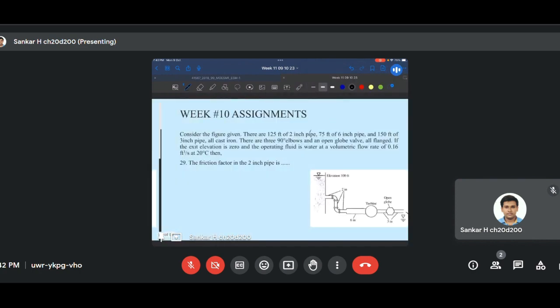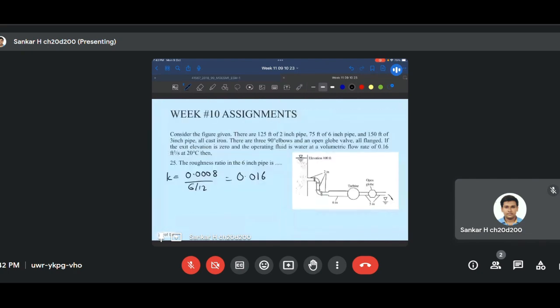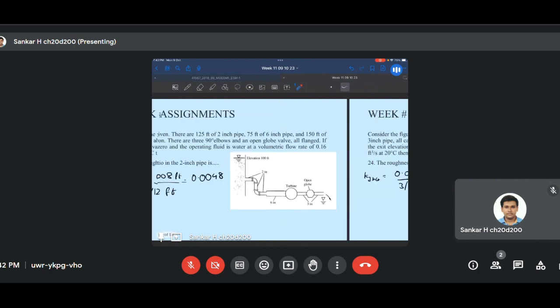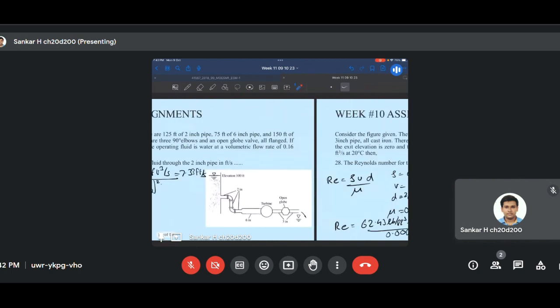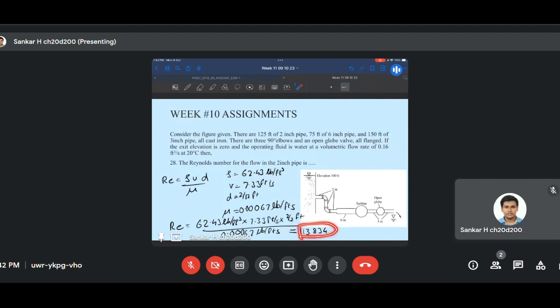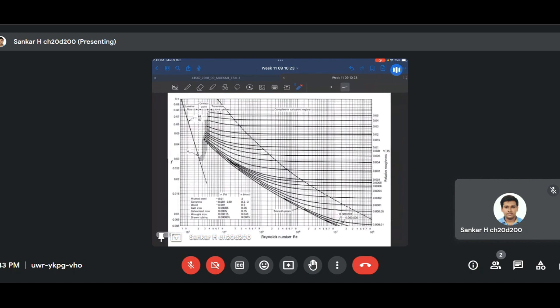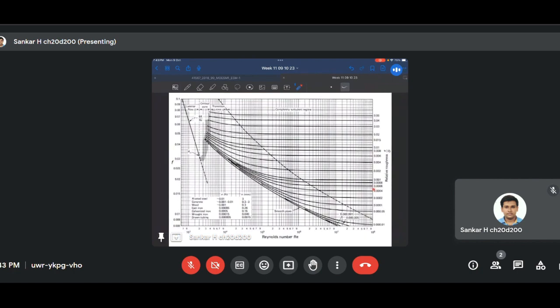So we have a roughness factor that we have described to be around 0.01, sorry, 0.0048, and the Reynolds number is 1.13 times 10 raised to 5. So 0.004 would correspond to here. Maybe this line would be the most accurate line. So a region between these two is where it would be.